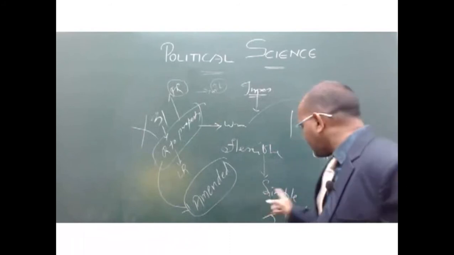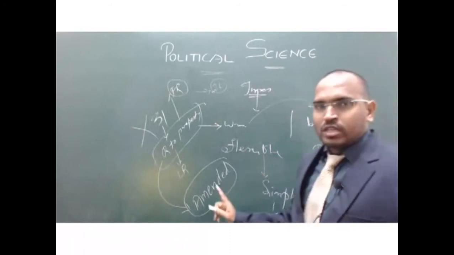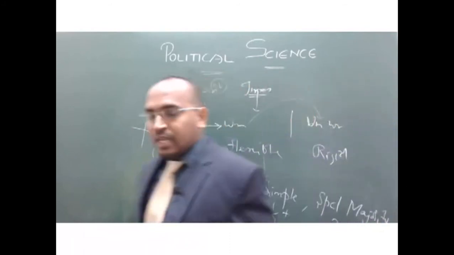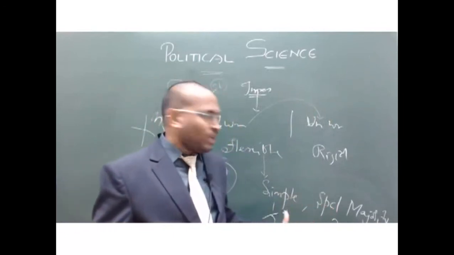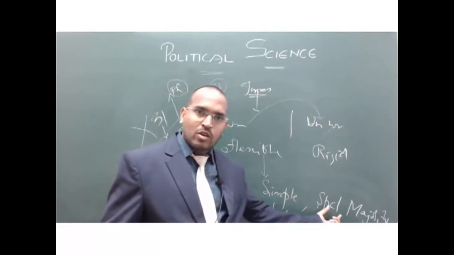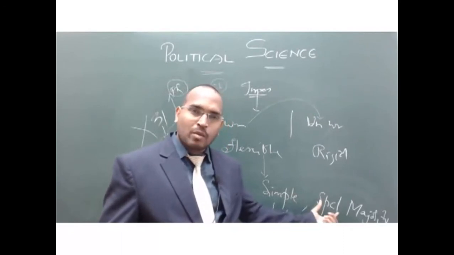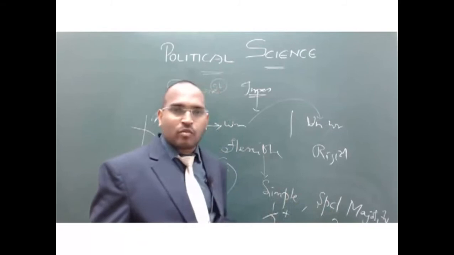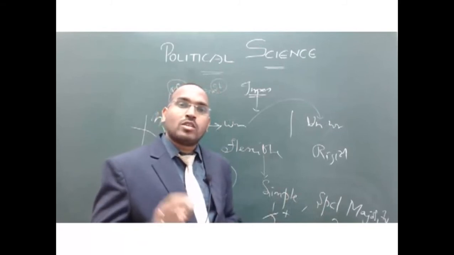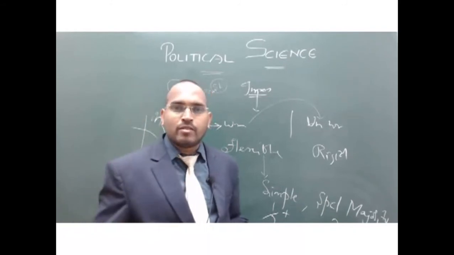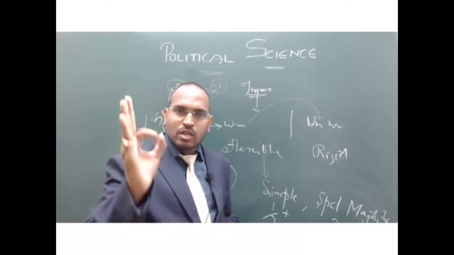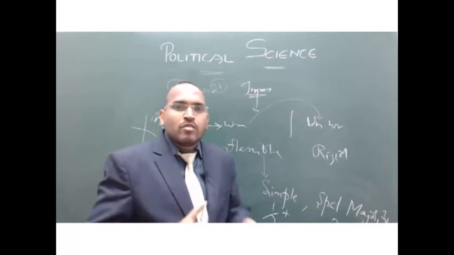In these two ways, you can change the constitution. In India, the constitution is amended mainly by the special majority only. In order to change some of the laws, a simple majority is enough. So the Indian constitution is more rigid than flexible. If you want to go into the details, the Indian constitution is more rigid with some flexibility.